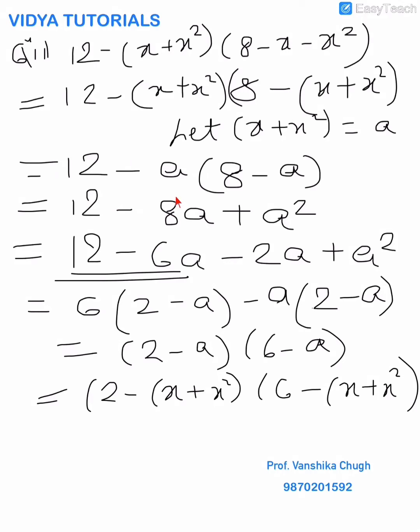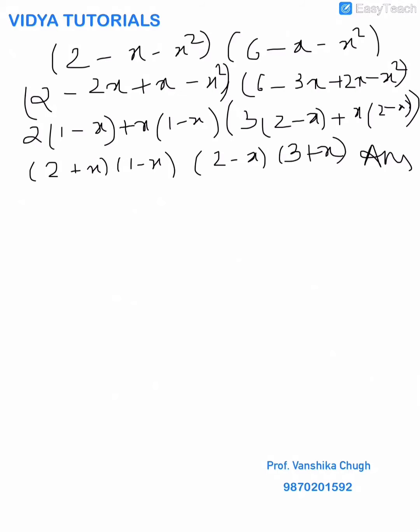On factorizing this trinomial, I got my two brackets, 2 minus a and 6 minus a. I have to resubstitute back whatever I have assumed. I put my x plus x square back in place of a, and after opening the brackets, I factorize these two terms with again the same method, middle term. I got 2 plus x, 1 minus x, 2 minus x and 3 plus x.